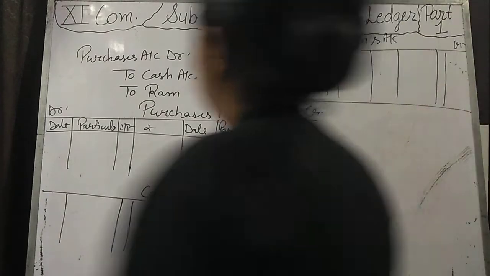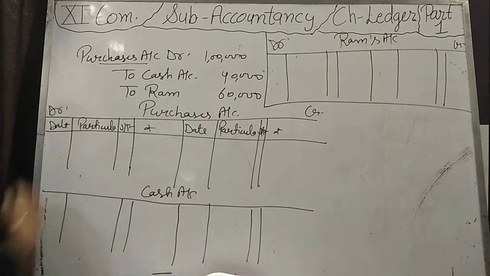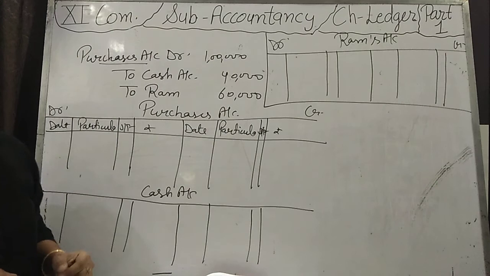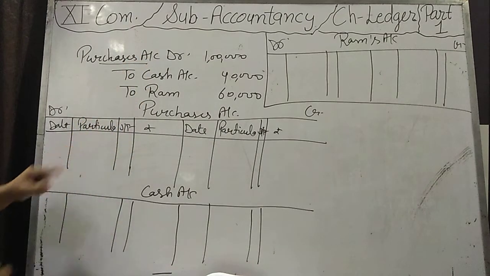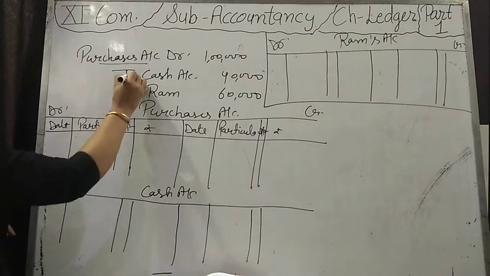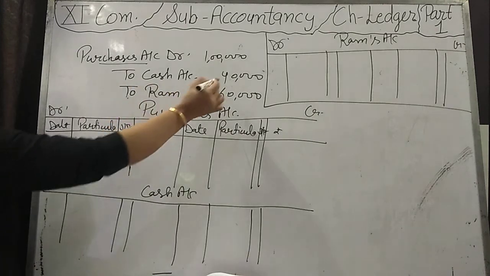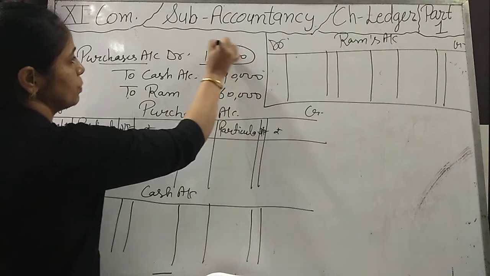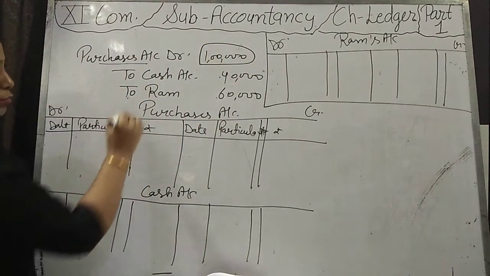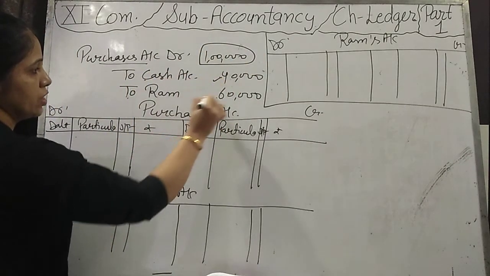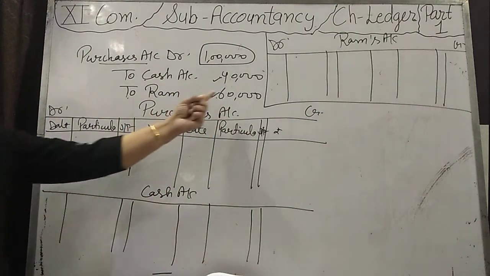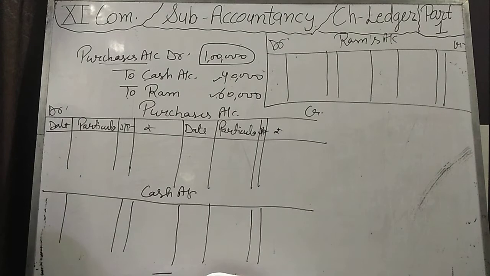Now the first account is purchases account. Purchases account is debit. So in purchases account, in debit side we will write, both credit. Purchases account is debit with rupees 1 lakh, 40,000 because of cash and 60,000 because of RAM.